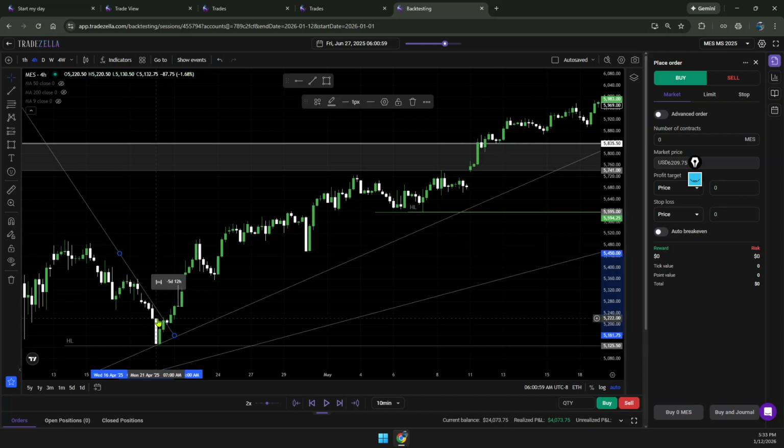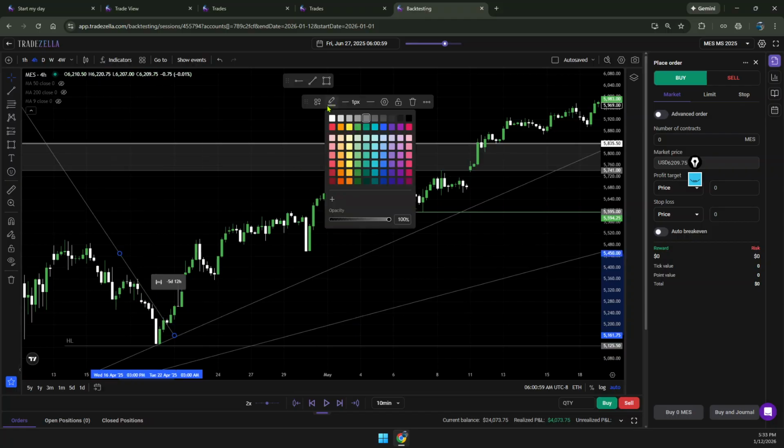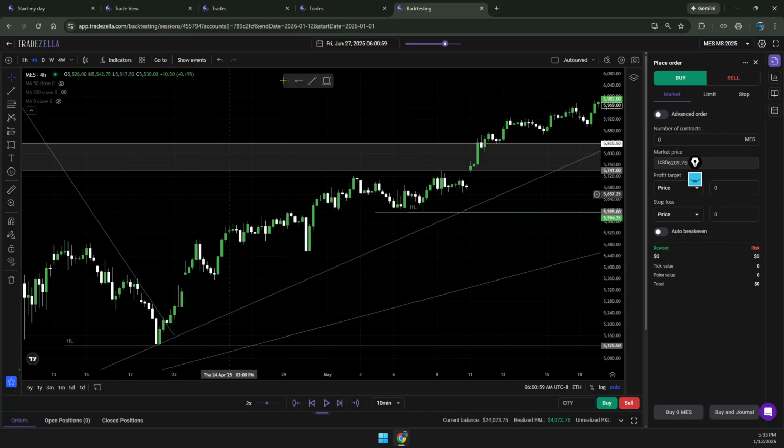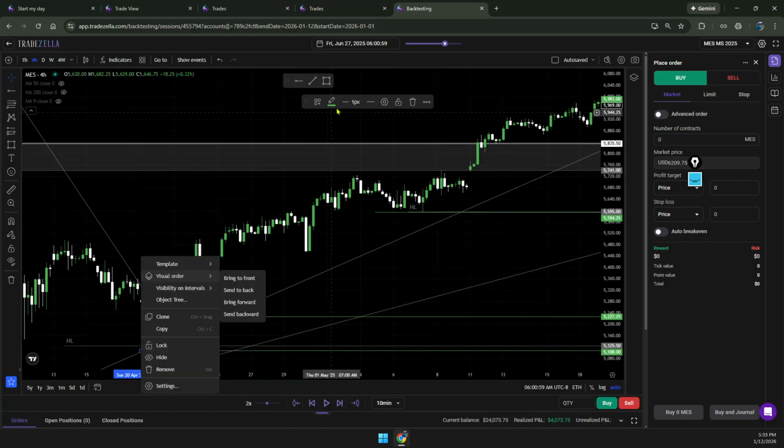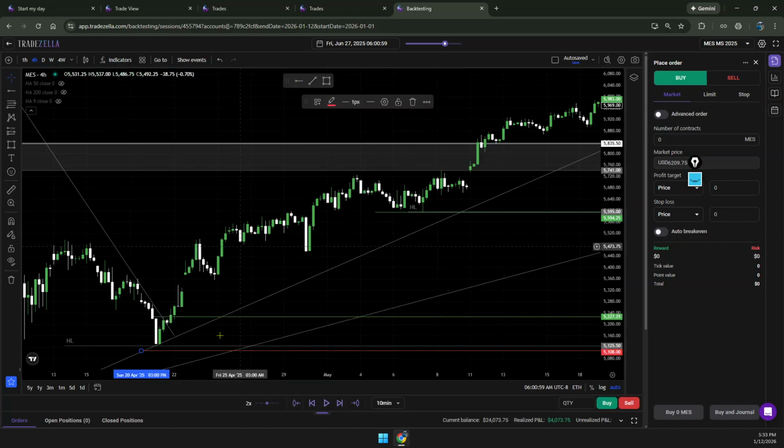I want to get in at the top of this candle. So I want to get in as soon as price breaks this candle. I'm going to get in right here. I'll have my stop loss here. And now what I'm doing is I'm waiting for a pullback.